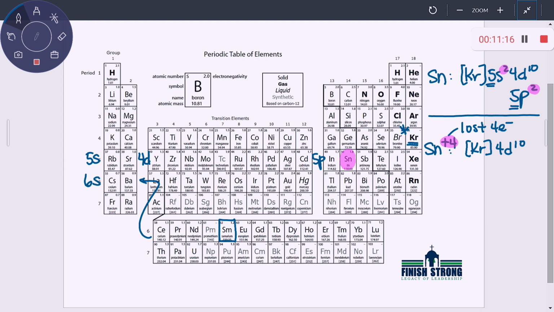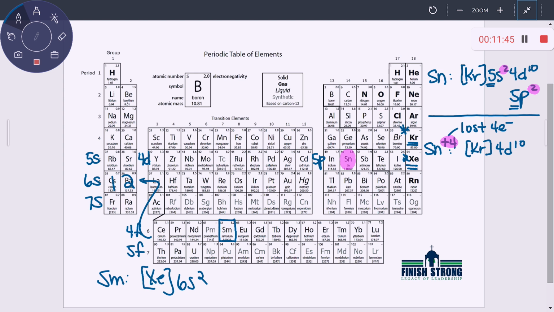So this is 6s, 7s. This would be 4f, and this would be 5f. Okay. Let's write the shorthand. Okay. So samarium fits up here. This whole thing fits right here. So that means the preceding noble gas is xenon. So for Sm, it would be xenon in a bracket, followed by 6s2.